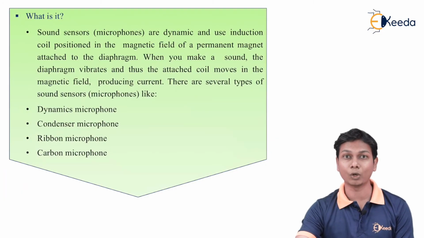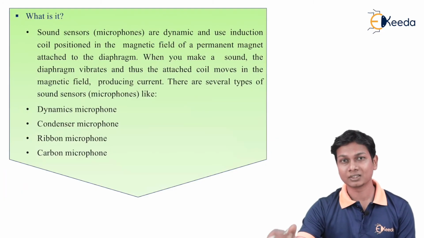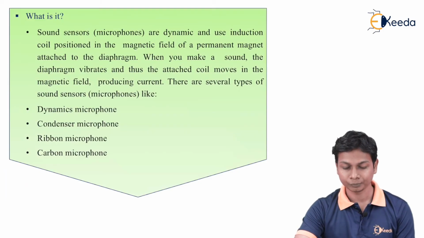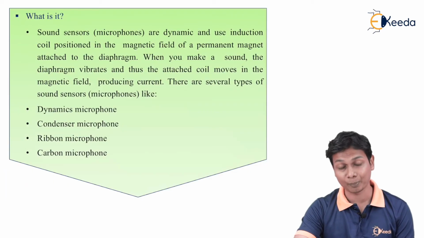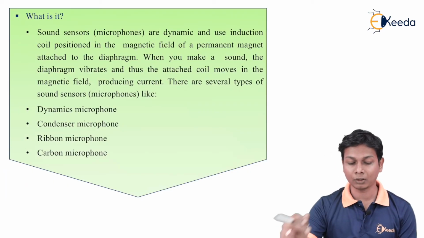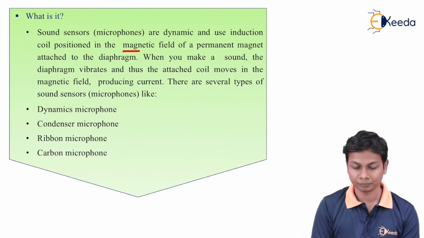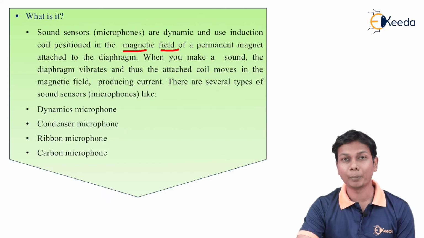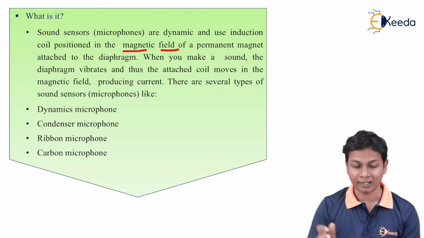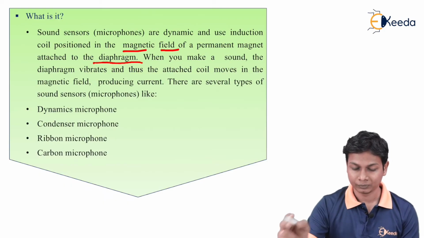It senses the signal quickly, or abruptly, and hence it is called a dynamic type of sensor. Again, the induction coil is positioned in the magnetic field of a permanent magnet, and this permanent magnet is attached to the diaphragm.